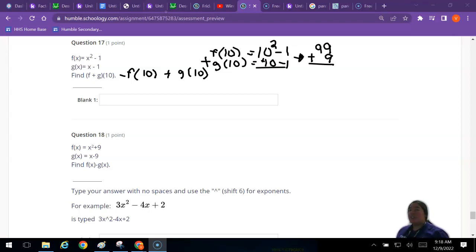And since they're adding, I could just add this. Ta-da! And what do you get? 108. Yeah. And that's the answer. Okay? So that's number 17.